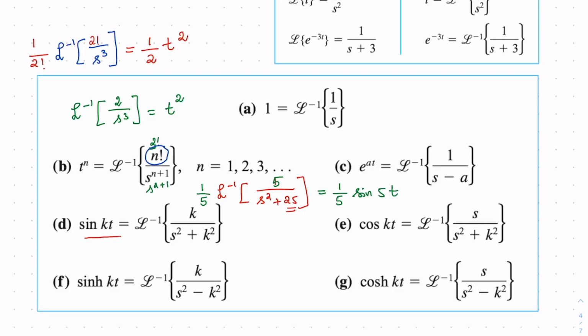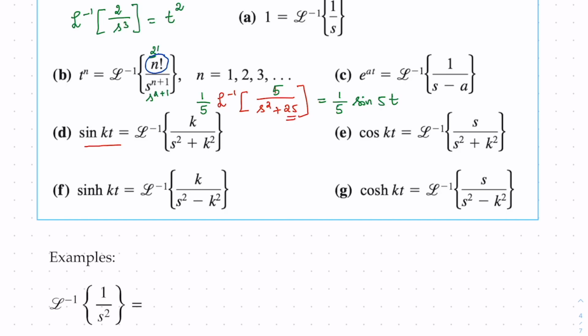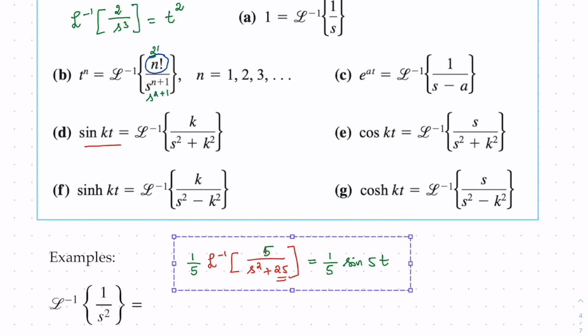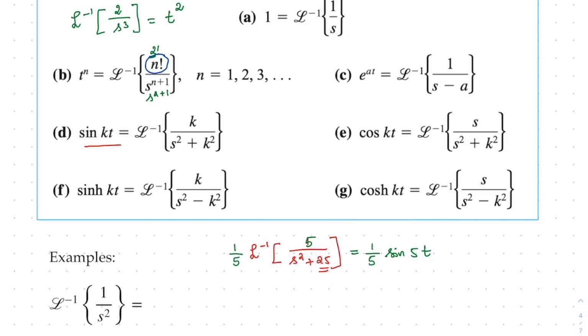We can do that. So if you summarize what I just did, if you ask me what is the Laplace inverse of 1 over s squared plus 25, and you have to do this adjustment with respect to the constant, that is going to give you 1 over 5 sine 5t.